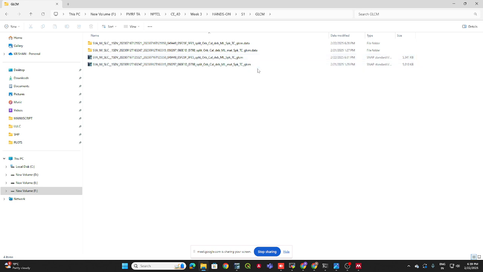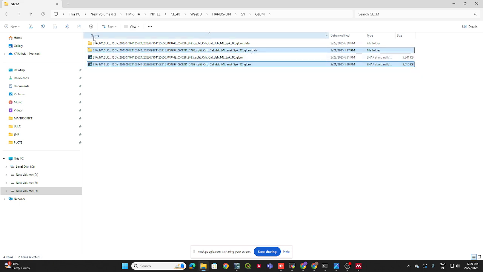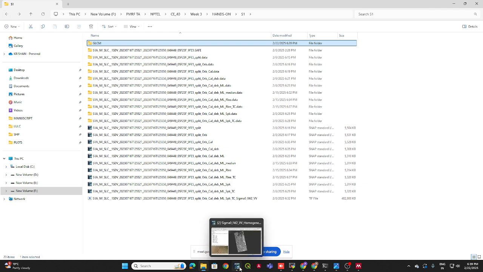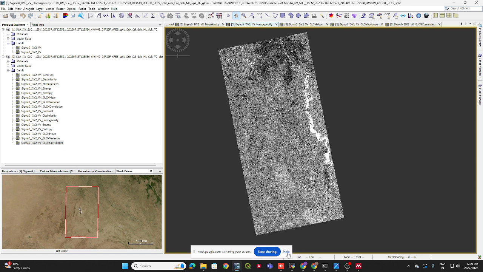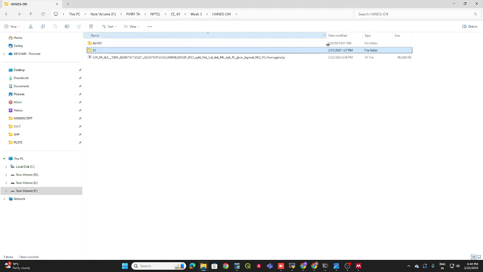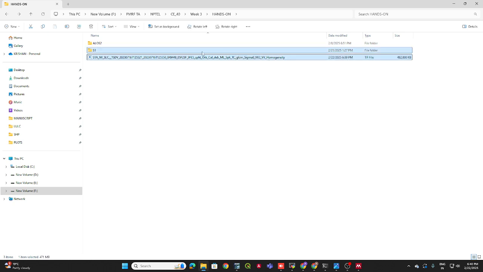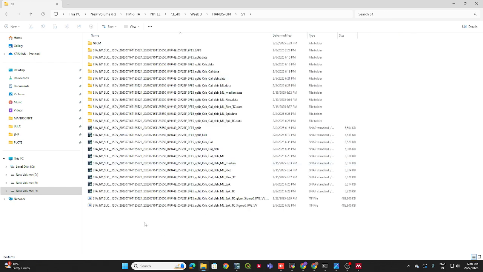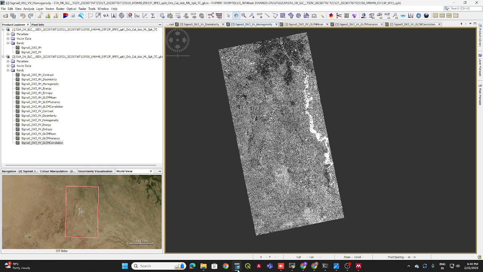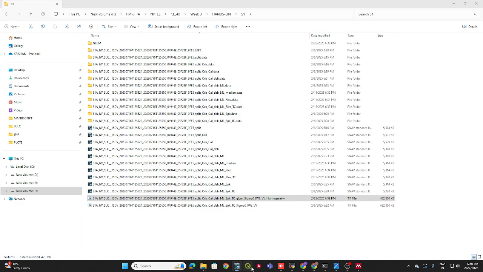We already calculated this. And suppose this is our file, homogeneity, let's move this here. This is the homogeneity, and let's show you in QGIS.